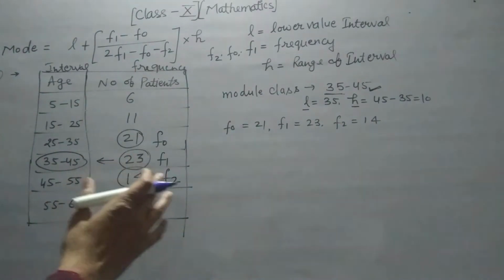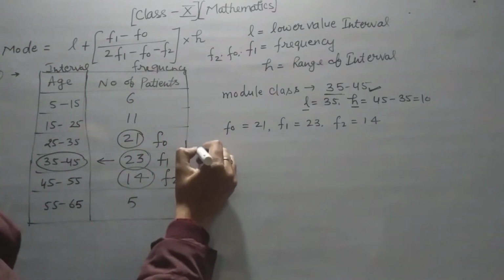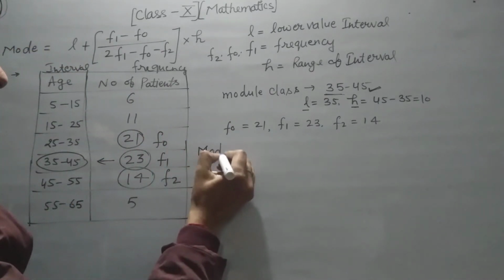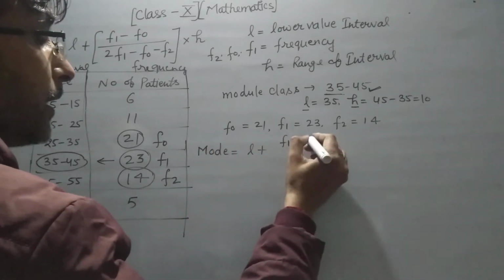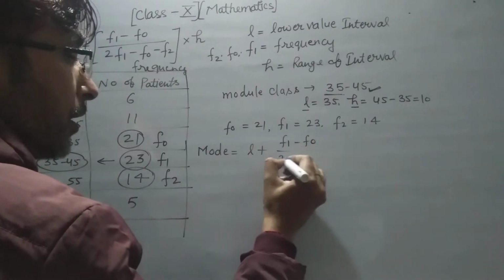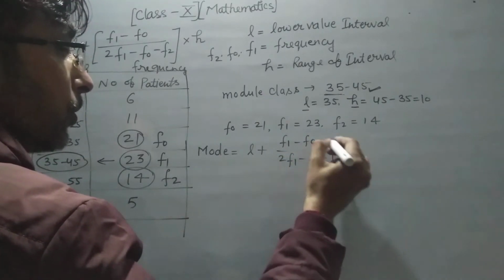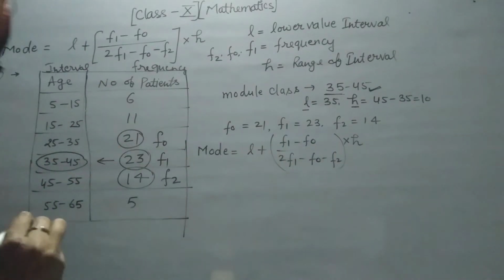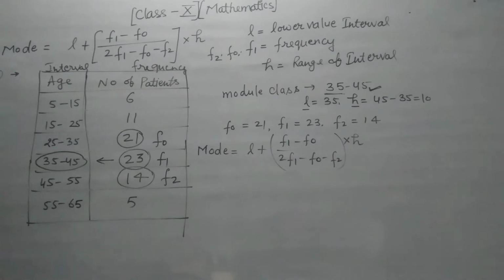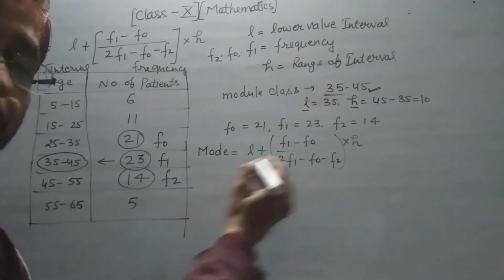By this way, you have to apply this formula and find the mode. The mode is equal to L plus F1 minus F0 upon 2F1 minus F0 minus F2, into H. Then you have to put the values one by one.